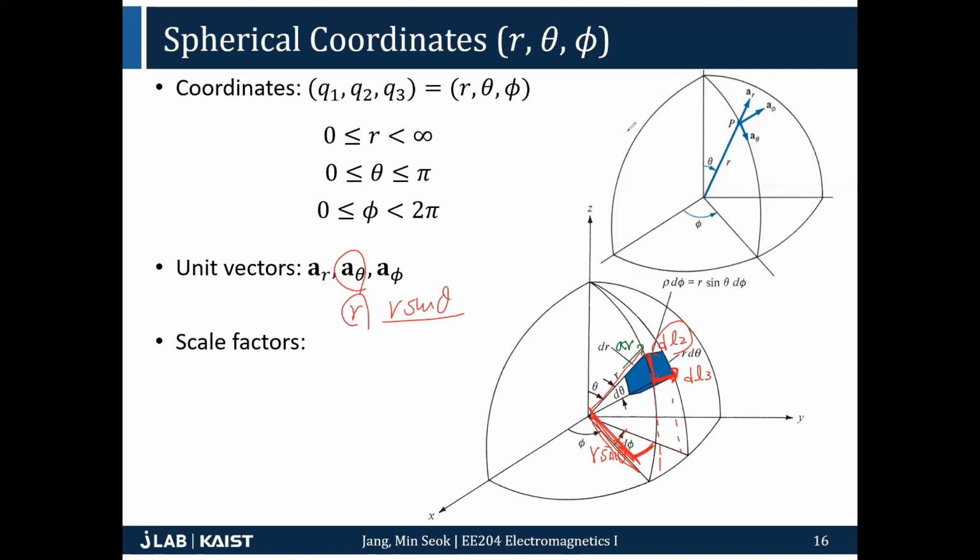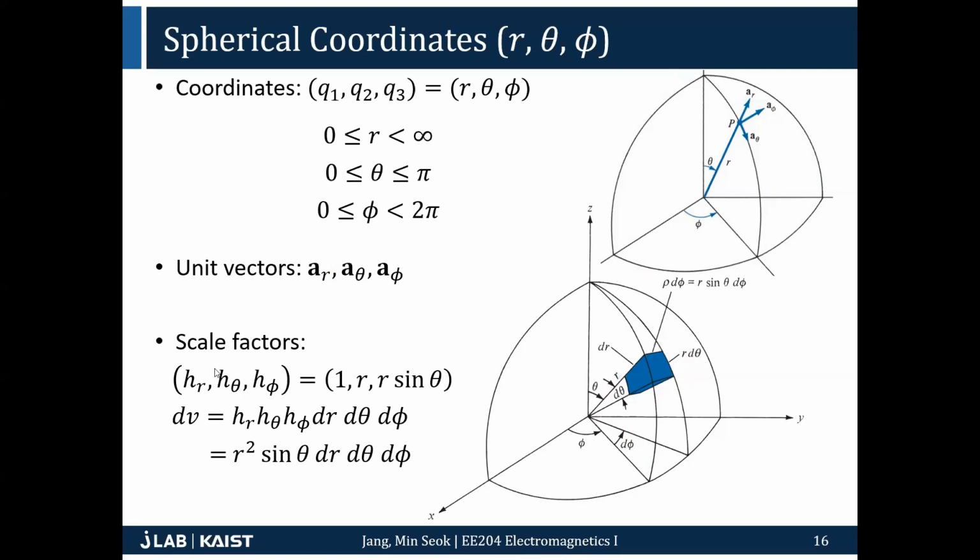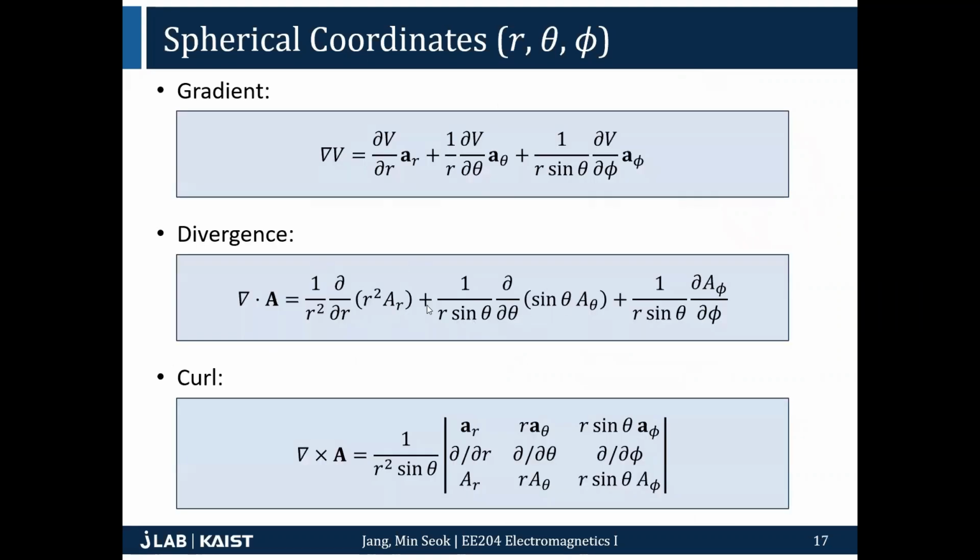So here, h r, h theta, h phi are 1, r, r sine theta, and of course dv is r squared sine theta dr d theta d phi, right? And now in spherical coordinates, the differential operators look even more complicated, right?